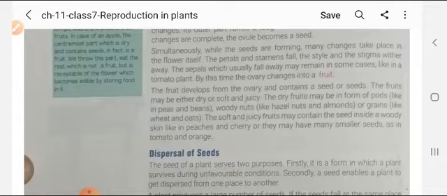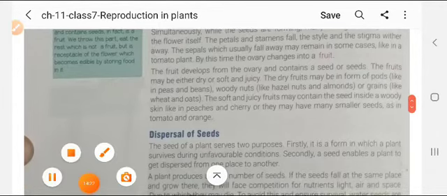The soft and juicy fruits may contain the seed inside a woody skin, like in peaches and cherry. They may also have many similar seeds, as in tomato or in oranges.